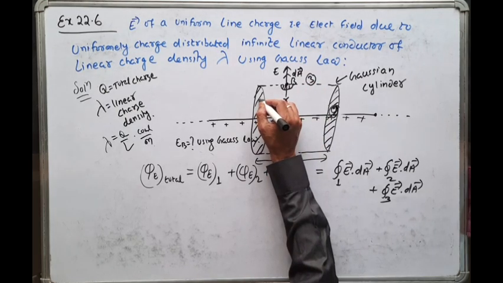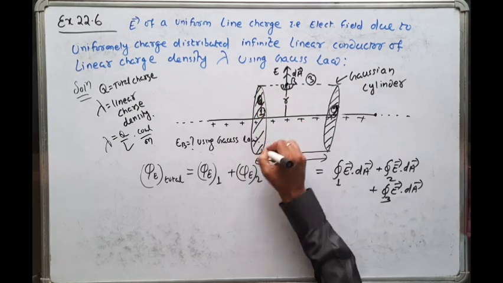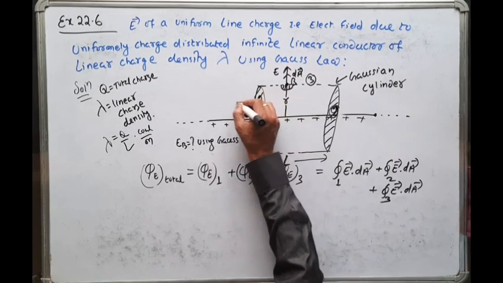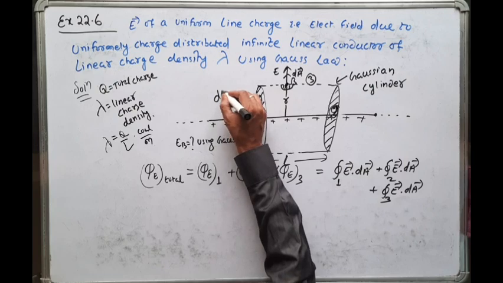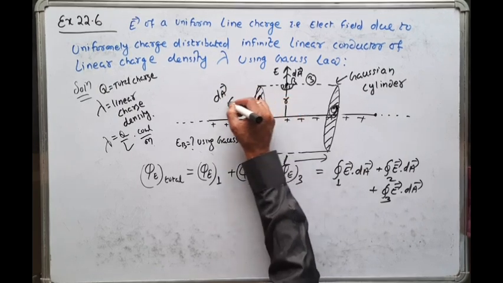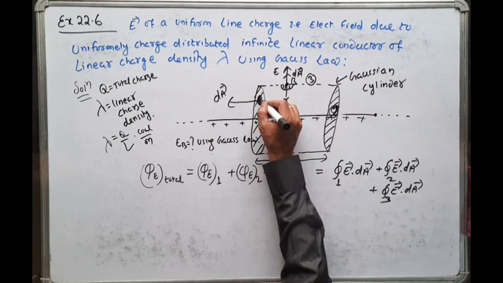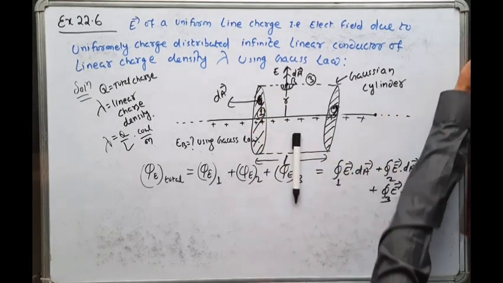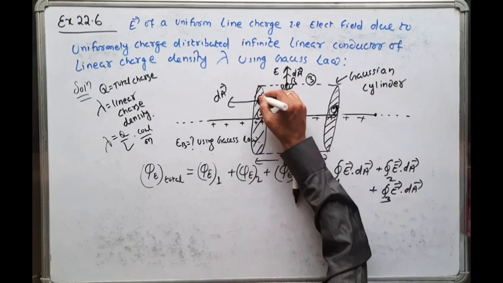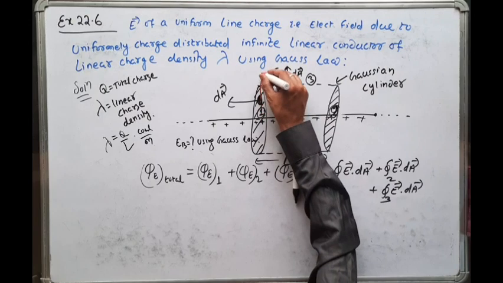Now take any small element on the first surface. Here the area vector is always outward. But since this is the positive charge, the electric field intensity at this point is away from the positive charge.